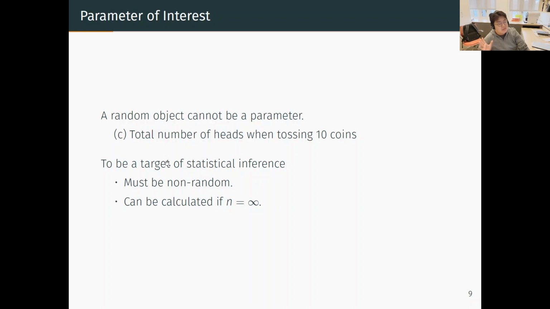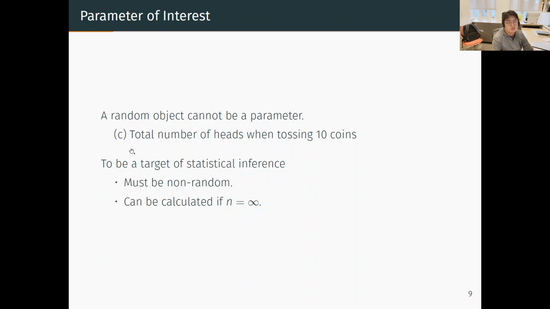So again, for something to be a parameter, it should be fixed. It should be non-random, and it should be calculated when you have infinite observations. But number of heads is something purely random. No matter how many times you repeat, it will be different every time. So it cannot be a parameter. It would be better if you write it differently.